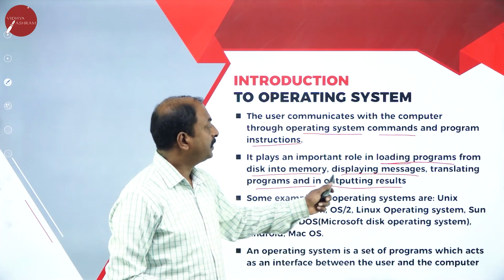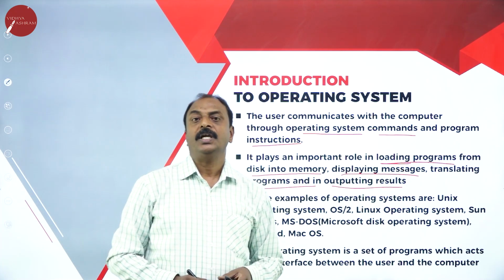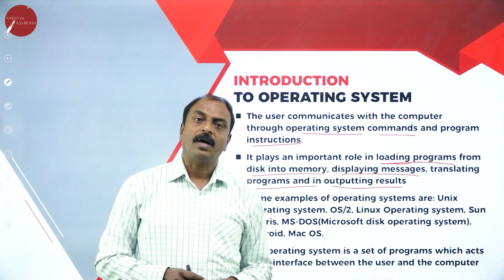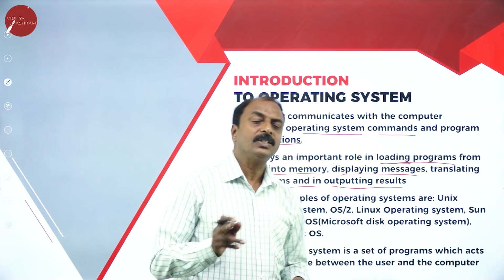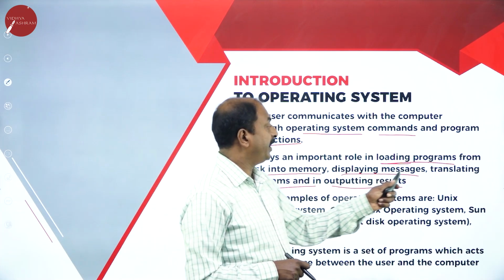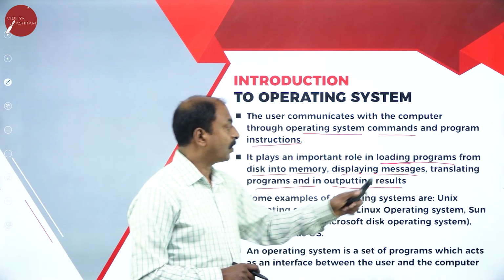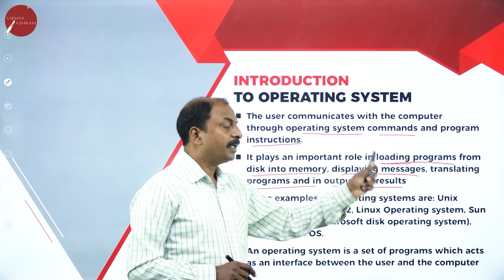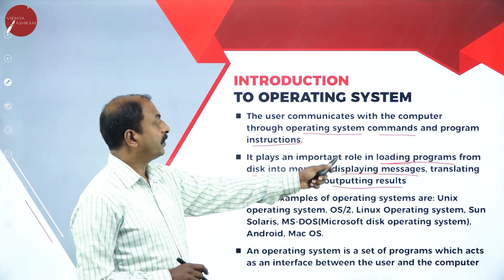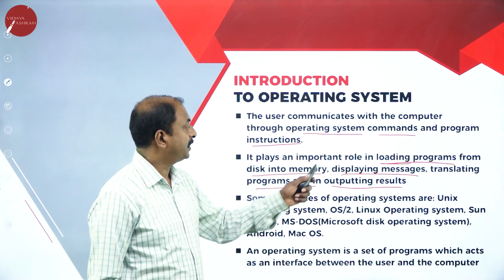It displays appropriate messages if there is any problem or conflict in the hardware or any conflict between the user and the software. So it helps us display messages accordingly, translate programs, and output results. This is one of the major roles of an operating system.